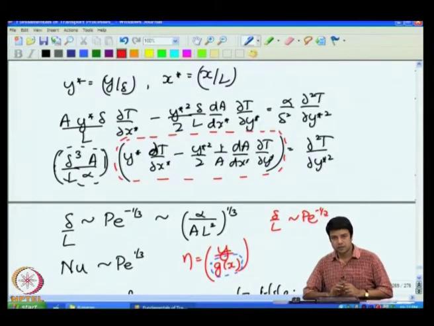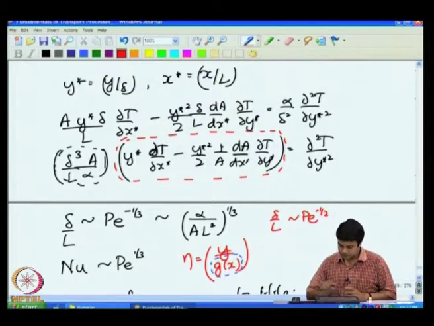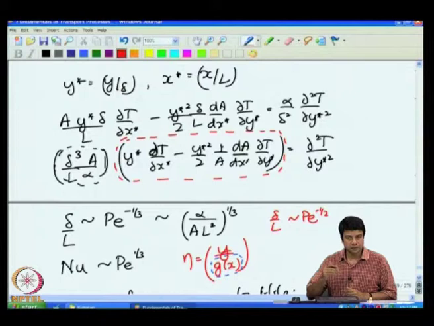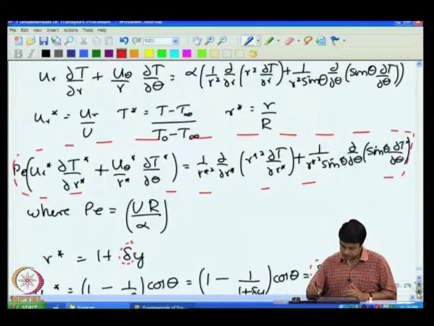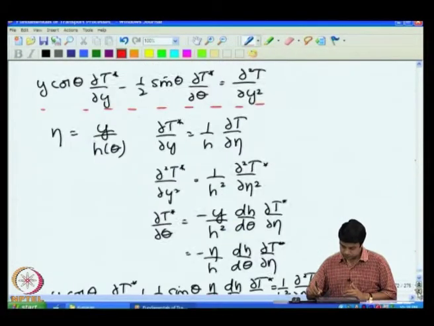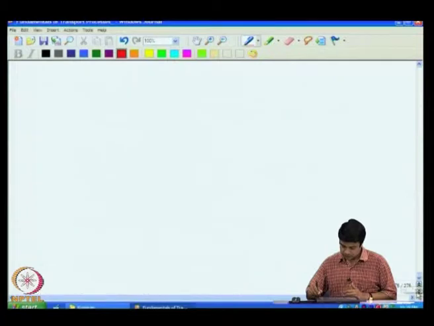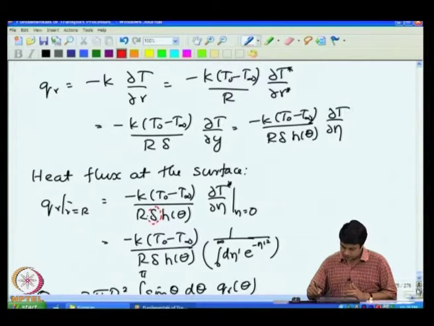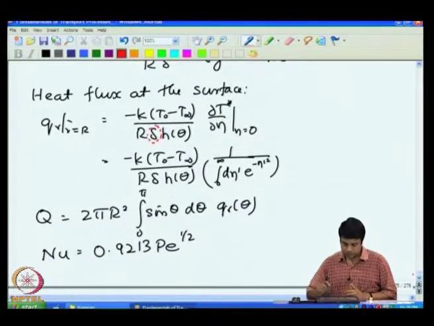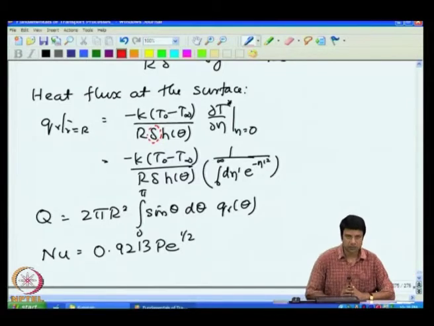So, the form of the solution, the form of the similarity variable h of theta in terms of theta or g of x in terms of x will change, but the scaling ends up remaining the same. And that is why you get a scaling of the type Nusselt number goes as Peclet number power half for all problems where there is convection dominant and there is a non-zero velocity at the surface.